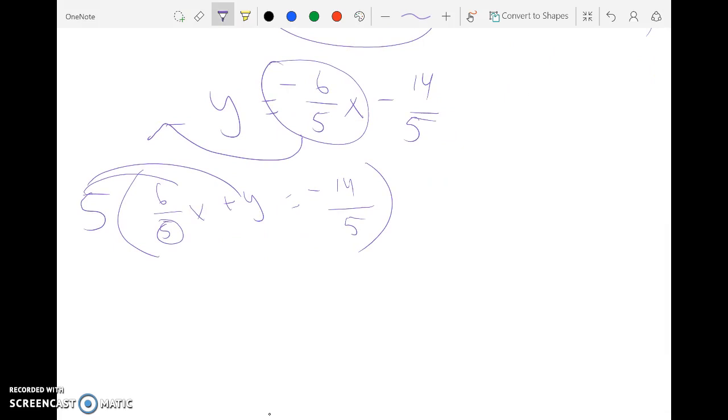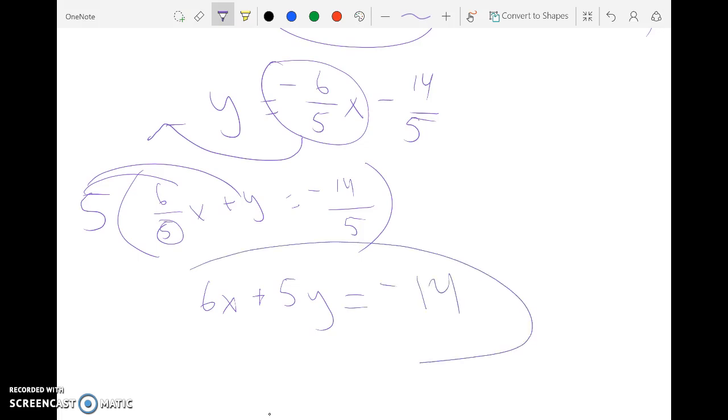6/5 times 5 is going to be 6x. 5 times y is positive 5y. 5 times negative 14/5 is negative 14. And there is my standard form. Okay. If my point that I gave you earlier was 1, negative 4, or negative 4, 2.